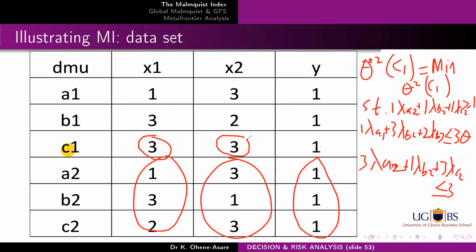So it becomes 3, then you attach theta to it. The theta here indicates that we are dealing with input orientation. Then lambda A2, lambda B2, lambda C2 greater or equal to 0.